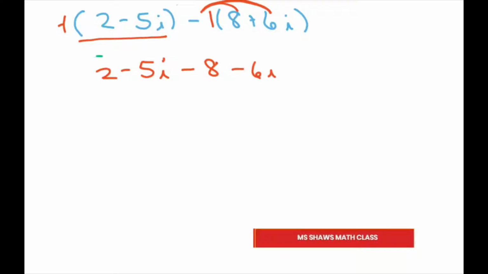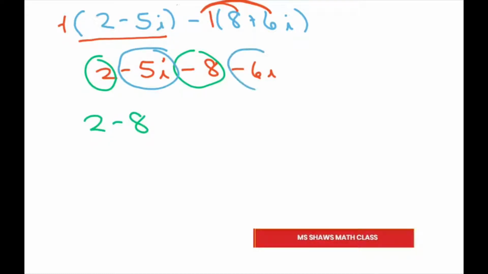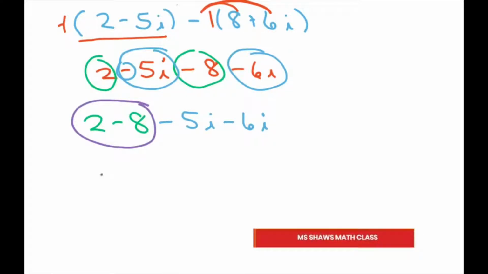Okay, let's group our constants. So that's 2 minus 8. And group our i components. So that's just whatever's in front. Minus 5i, minus 6i. Now, add these up. So 2 minus 8 is -6. And then combine those, you get -11i.